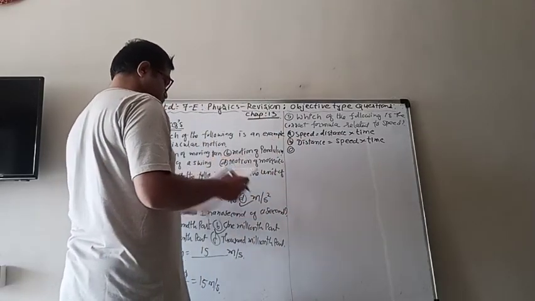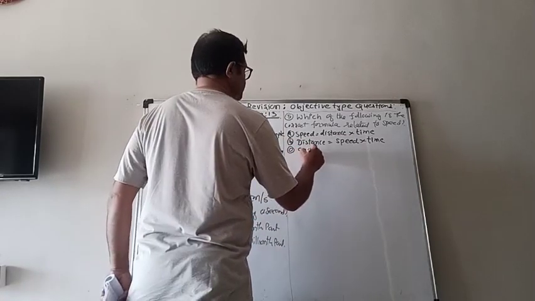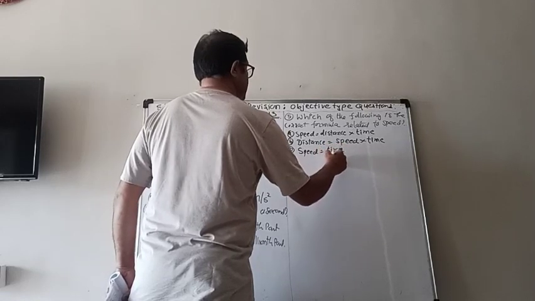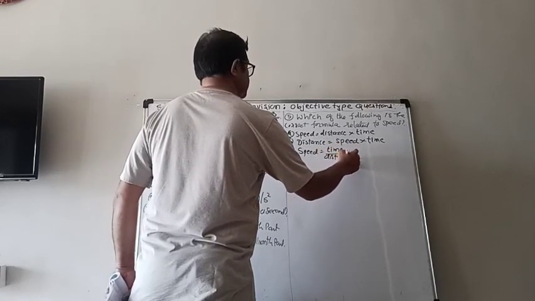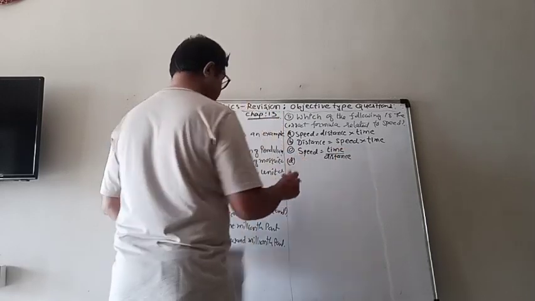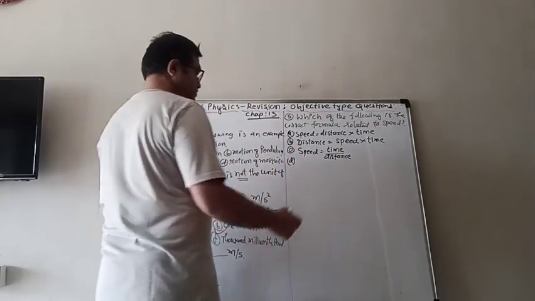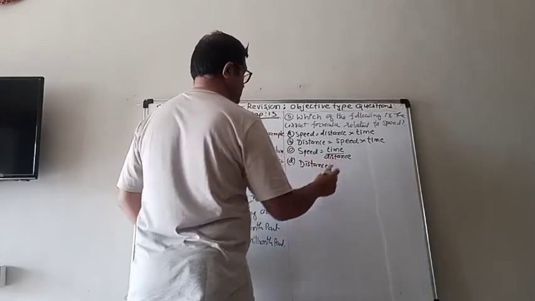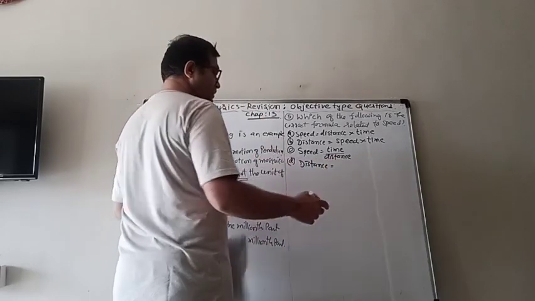C option is speed is equal to time divided by distance. And option D is distance is equal to speed divided by time.